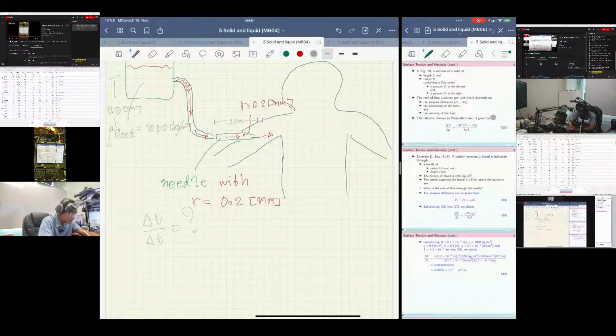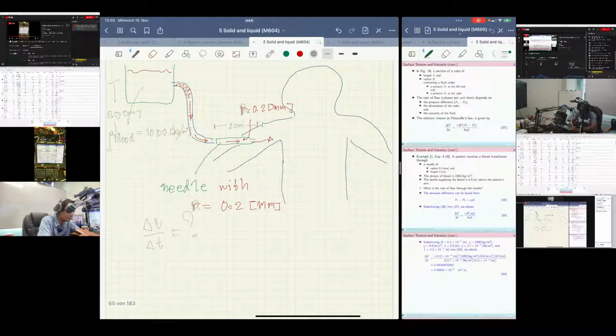We need to know R, the capital one, which is already there, and the pressure difference, P1 minus P2. P1 is right here, and here is P2, the pressure at this level.